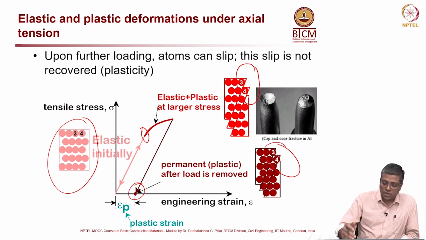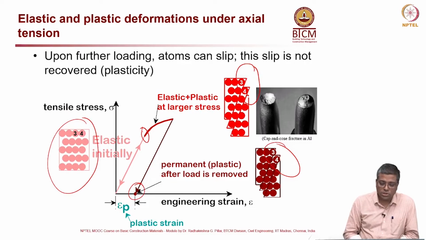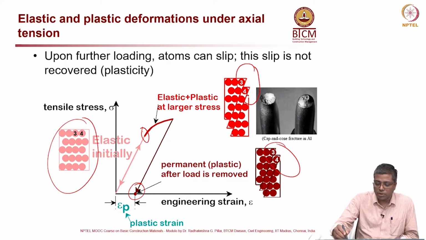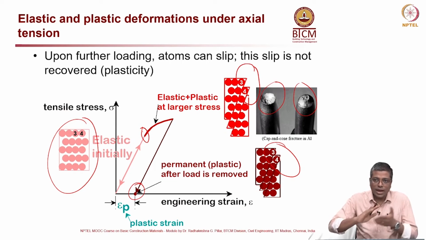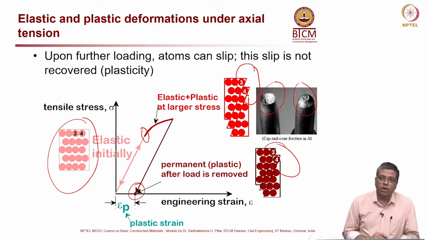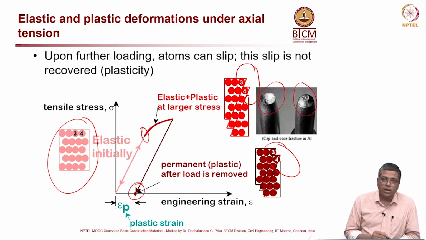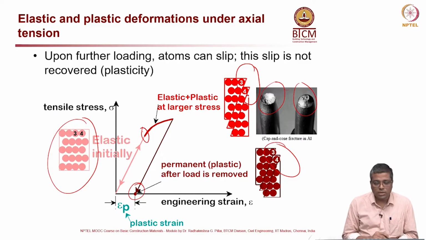Here atoms slip and stay there, they do not come back to their original position. That is why we have permanent deformation in the material. Typically you can see this in the photograph here, the inclined shape or cup and cone behavior, mainly because of this slipping happening at about 45 degrees in typical cases.